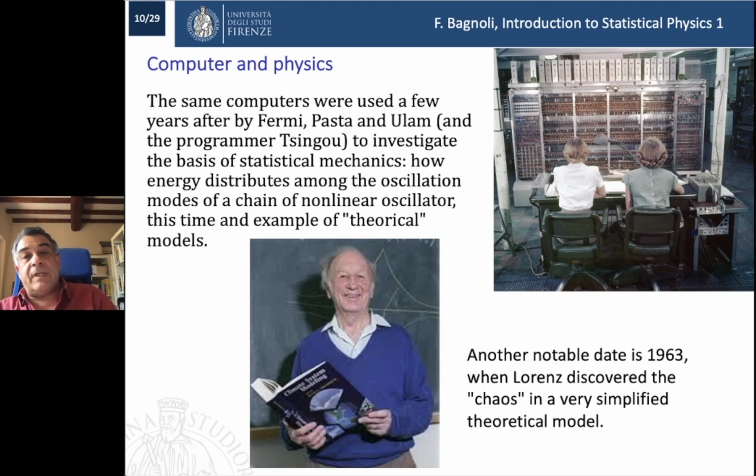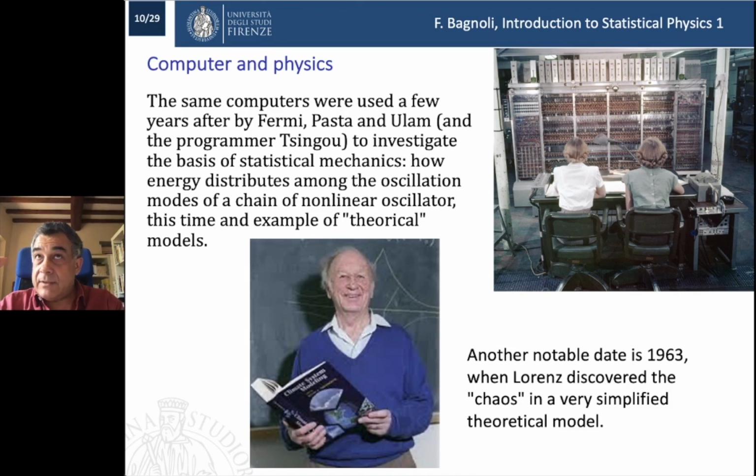And the idea of Fermi was to check one of the main concepts of statistical mechanics, as we shall see in one of the future lessons, that is the equipartition of energy. One of the main assumptions of statistical mechanics is that if you wait long enough, energy will distribute on all degrees of freedom.